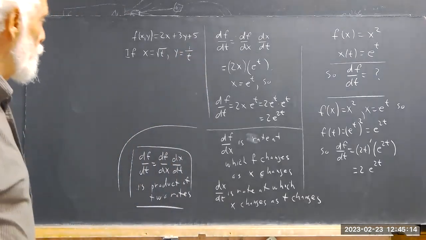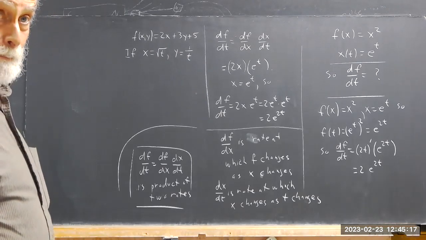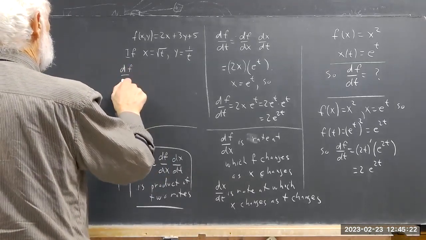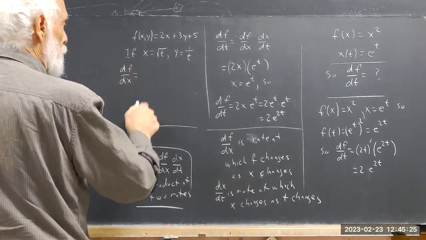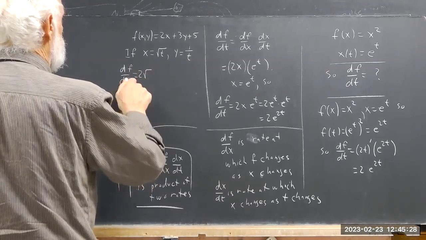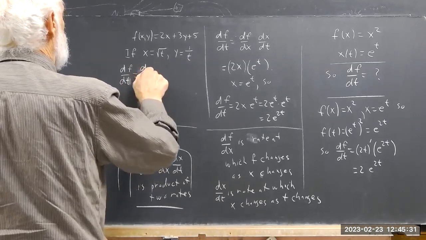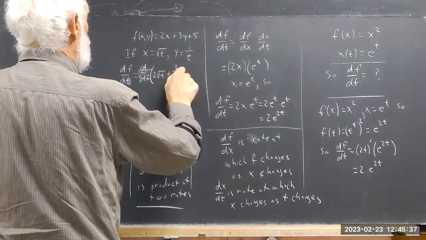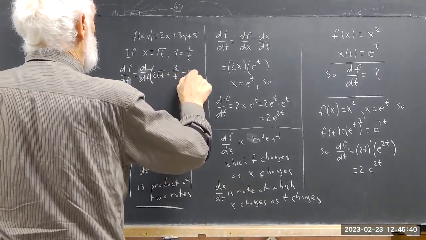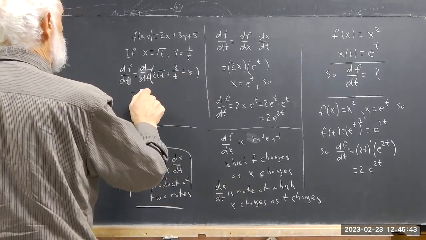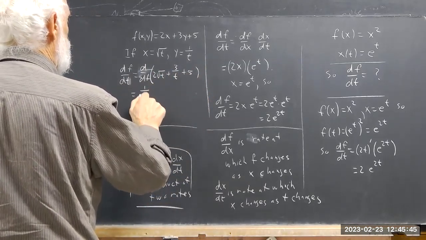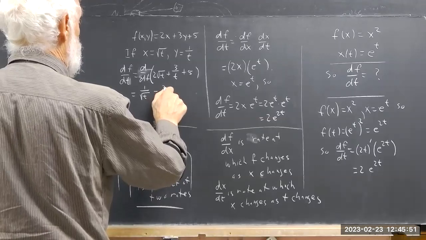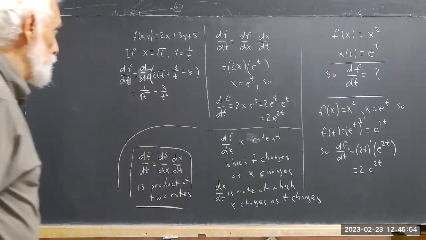So x equals the square root of t and y equals 1 over t. Okay. Then first of all, df dt is the derivative with respect to t of 2 square root of t plus 3 over t plus 5, which is going to be 1 over the square root of t minus 3 over t squared.